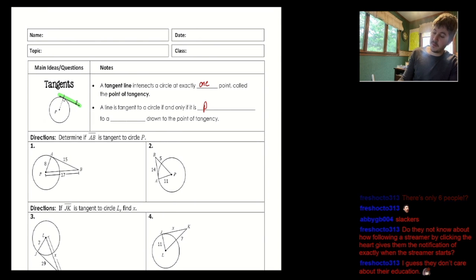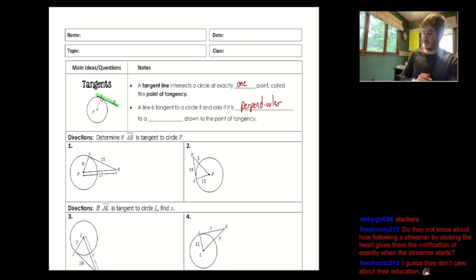So it's going to be perpendicular, if and only if it is perpendicular to a radius or diameter drawn to the point of tangency.